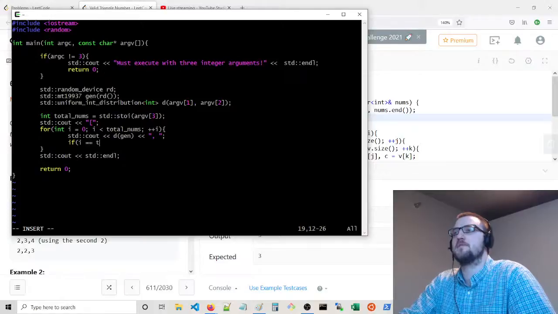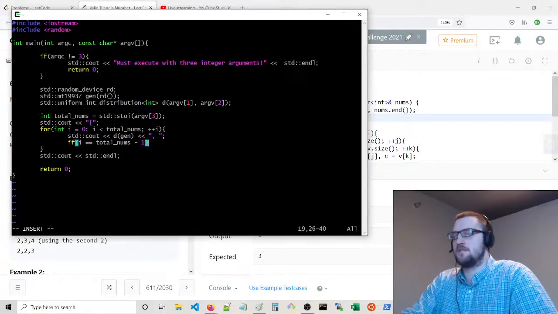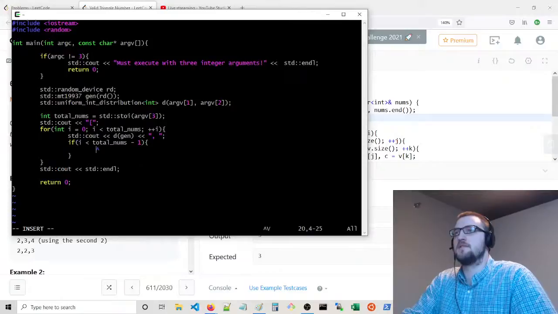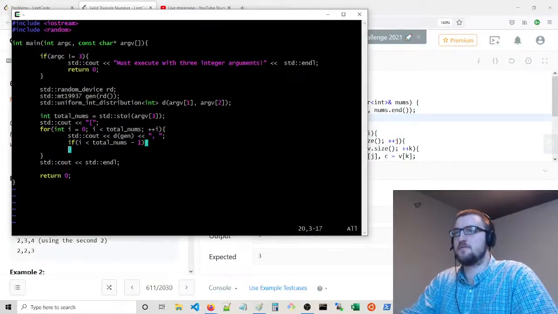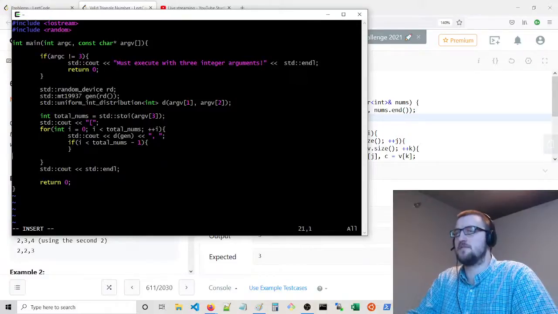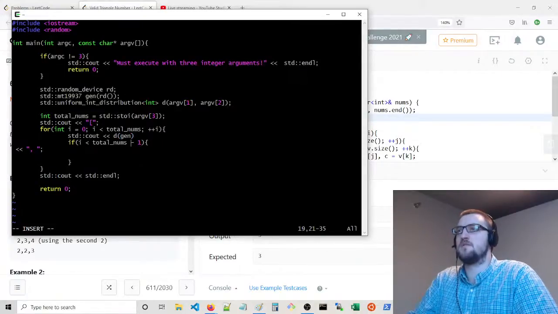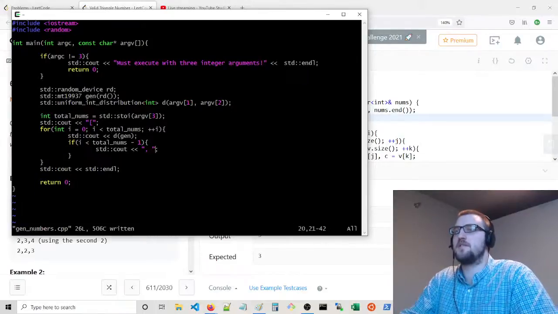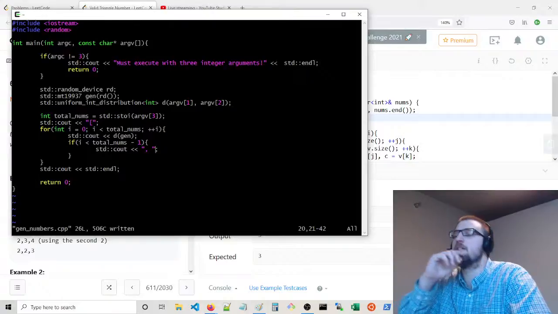So if i equals total nums minus 1, we want to print a comma and a space if we know there's more coming.